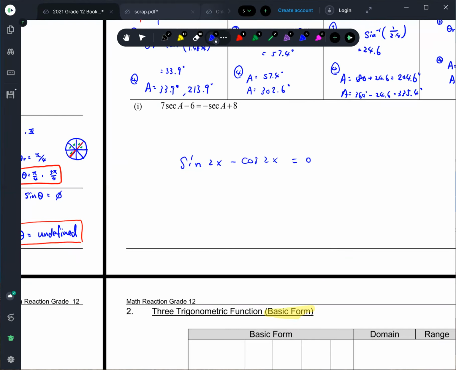Yeah, okay, so this one, because it has sine, cosine, right? So the identity that connects sine, cosine, there's one identity that has that. Which one has both sine and cosine inside?